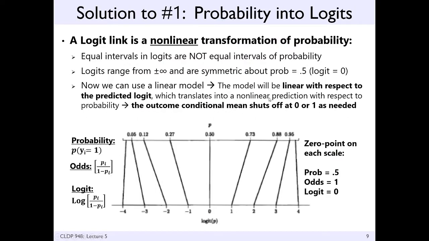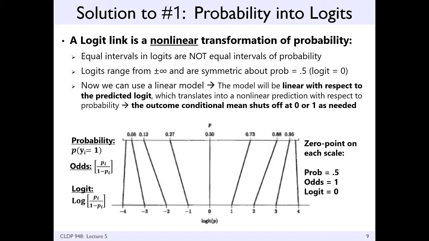I don't have it in here yet, but there is a formula that you will grow to know and love to go back and forth. To unlogit, probability equals e to the logit over 1 plus e to the logit. And it's on my slide, which is why I'm writing it on the board. So you can always go back into probability.